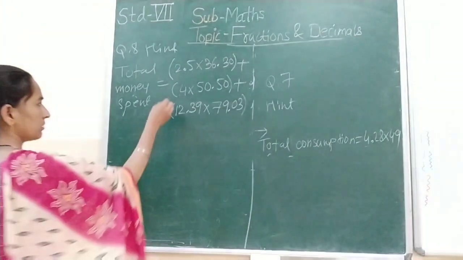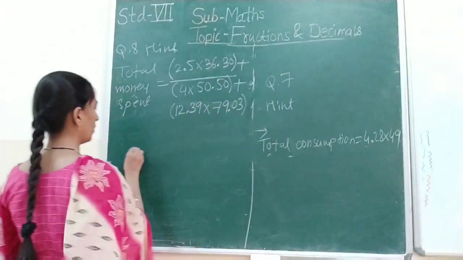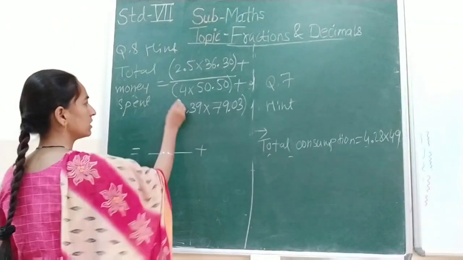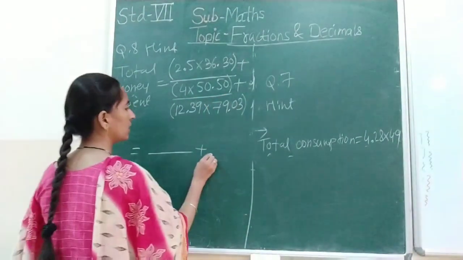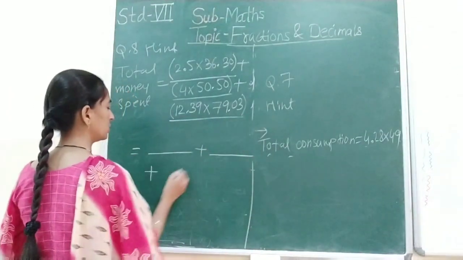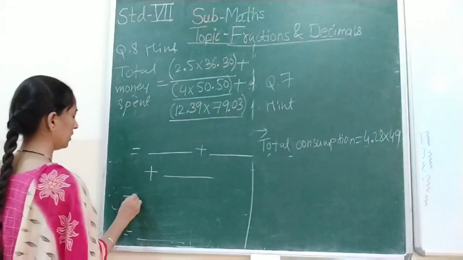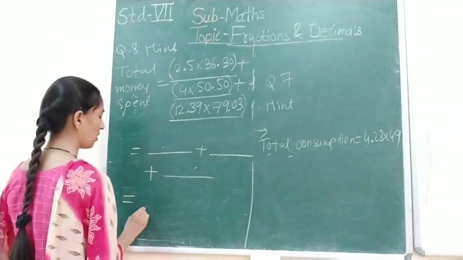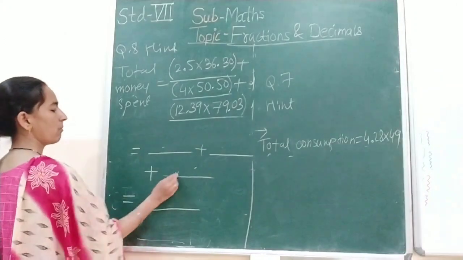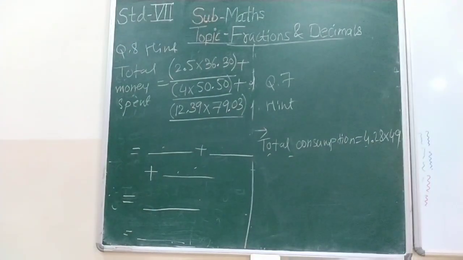First take the multiplication of this. Whatever your answer, that will come here. Then plus the multiplication of this, that answer will come here. Plus the multiplication of these two, the answer will come here. Then take the addition of all these numbers, and you will get the total money. Now fill these blanks. This is the answer for question number 8.